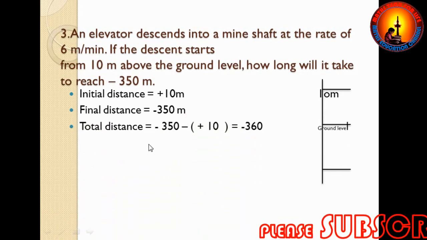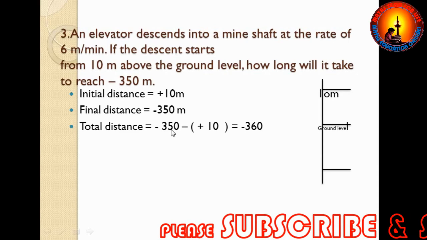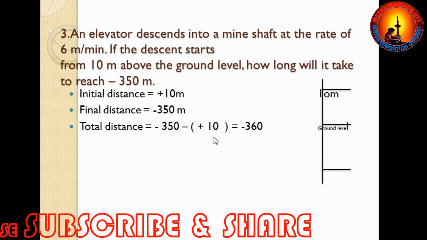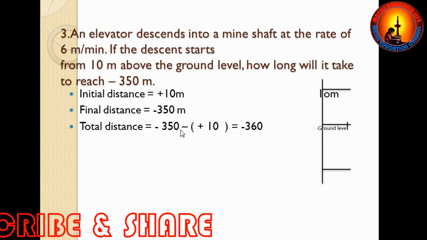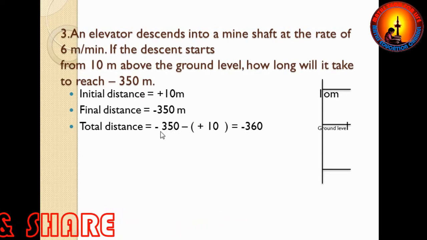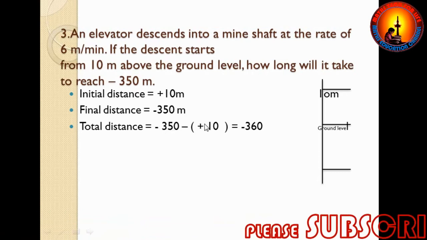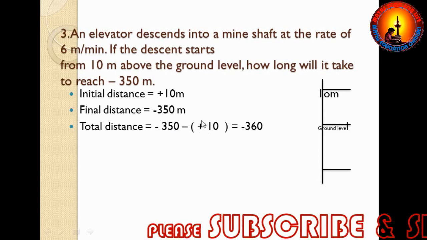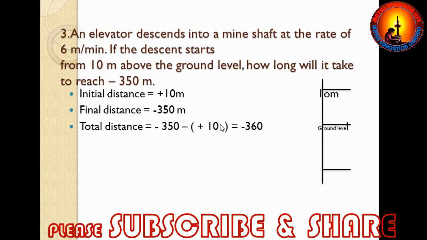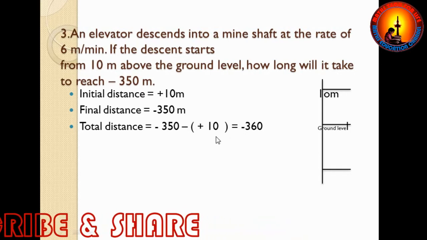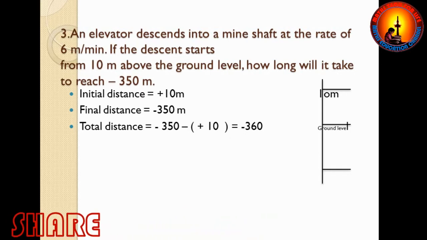So total distance is equal to negative 350 minus positive 10. You have to use the rule of KFC. First number you write, negative 350 itself. Keep, flip the sign to plus, then change the sign: negative 10. Both are negative, so you will get negative 360. This is the total distance you have to take.